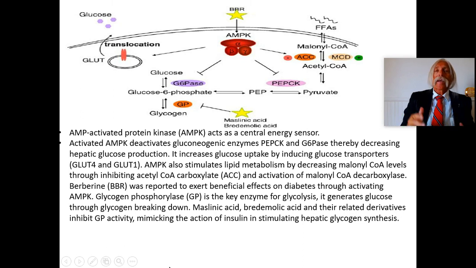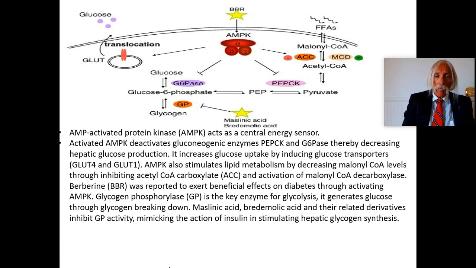So you're not getting the liver producing glucose. It increases glucose uptake in the liver, though, by inducing glucose transporters, both the GLUT4 and the GLUT1. As this says, AMP kinase also stimulates lipid metabolism by decreasing mal-CoA levels through inhibiting the carboxylase and the activation of the decarboxylase. I just went through that with you.